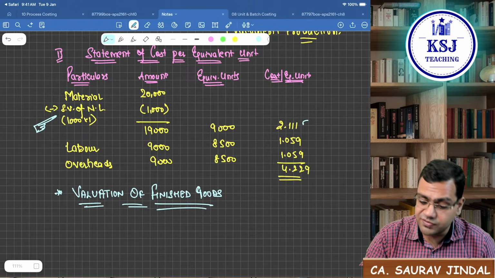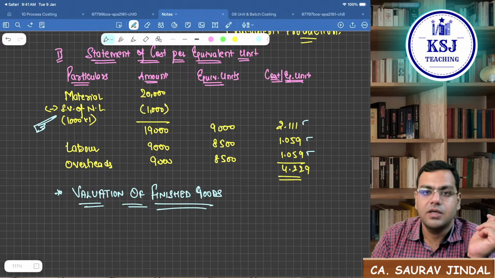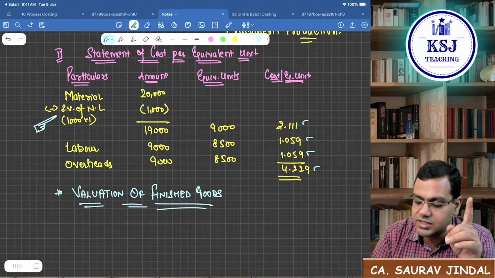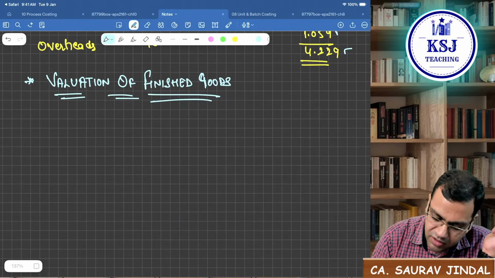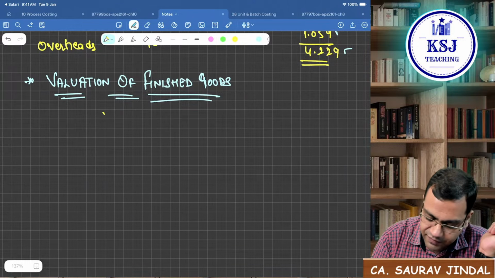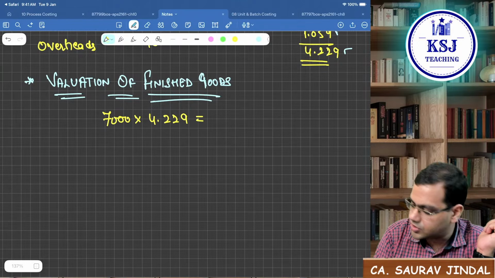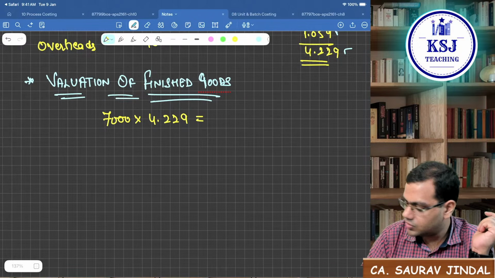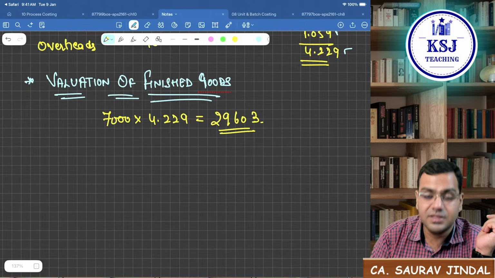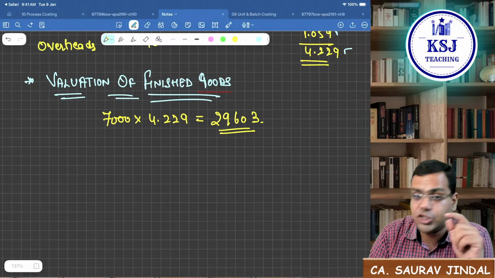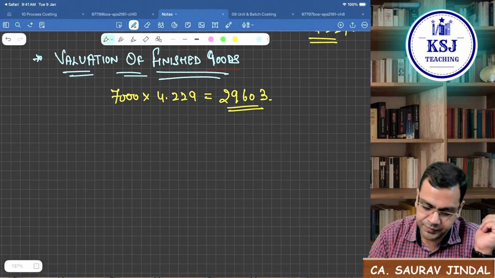Is the labor cost fully incurred? Yes, sir. Is the overhead cost fully incurred? Yes, sir. So can I say on these 7,000 units, this 4.229 is incurred? Yes, sir. So valuation of FG will be 7,000 units, on that 4.229 is the cost incurred. So that comes to 29,603 rupees. This is the value of your finished goods.